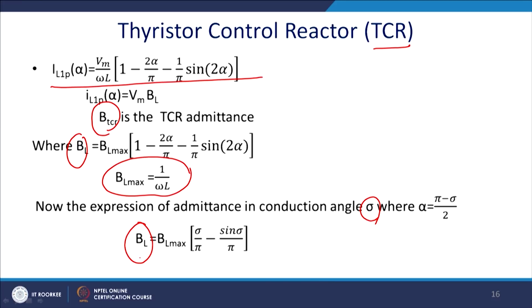This will be the expression for the instantaneous value of B_L for the firing angle alpha or conduction angle sigma. You may need to calculate the amount of impedance or admittance you will be injecting into the system, so from there we can calculate what the value of the admittance should be.